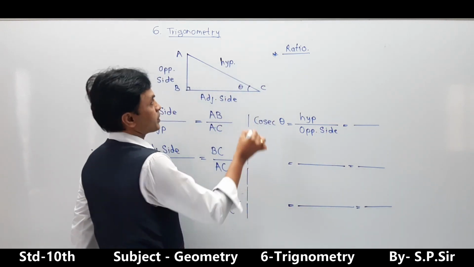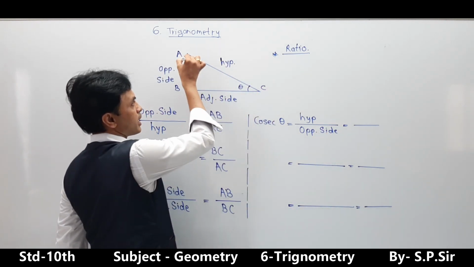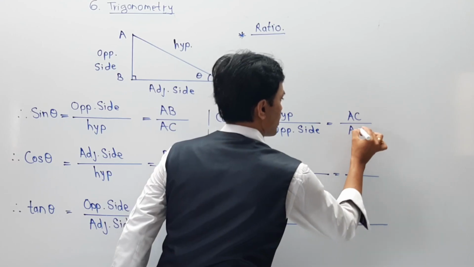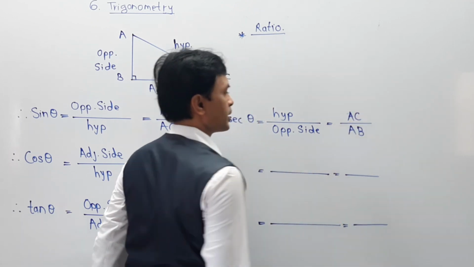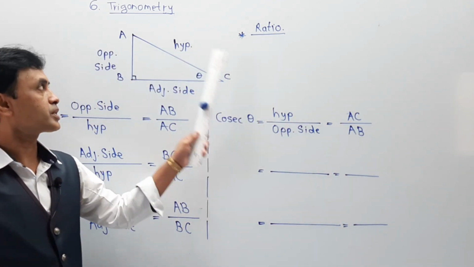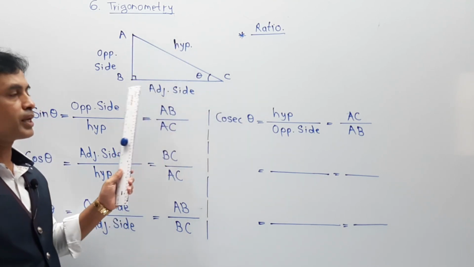As per this diagram, your hypotenuse is AC and the opposite side is AB. So it becomes AC upon AB. In this way, cosec theta is hypotenuse upon opposite side, meaning AC upon AB.